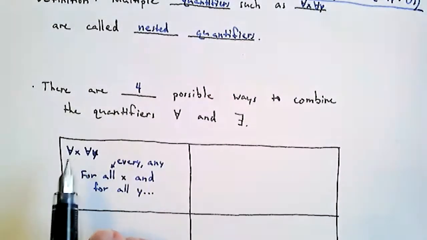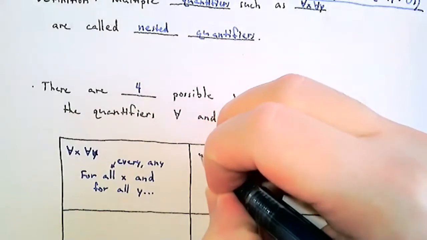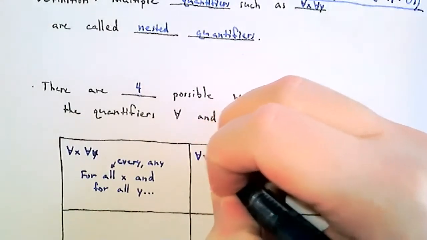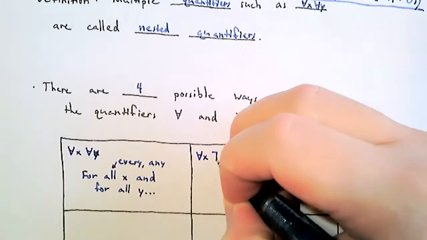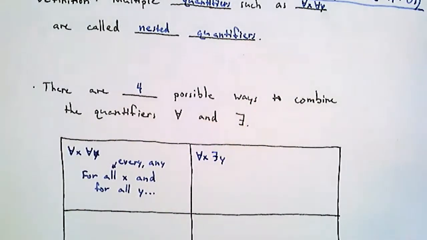And now instead of the two universals, we could have one universal quantifier and then one existential quantifier. So here we have for all x, and this one says there exists a y.